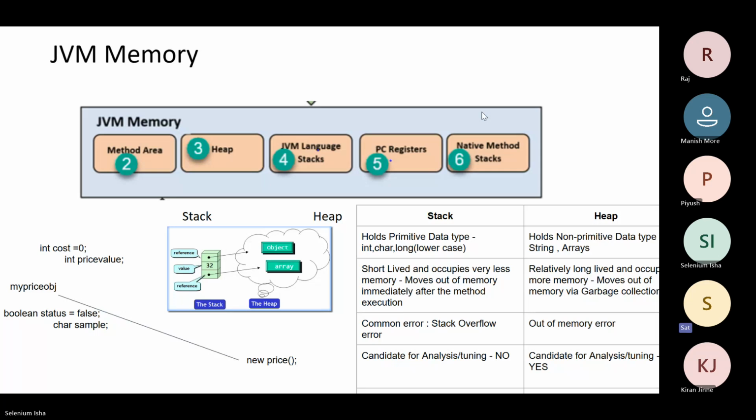If you create a string or an array, for every such variable creation, there will be an address that will get stored in the stack. See in this diagram, on the right hand side, there is an object or an array, and then there is an arrow mark with a dot. So when I create a string, there will be an address stored in the stack.